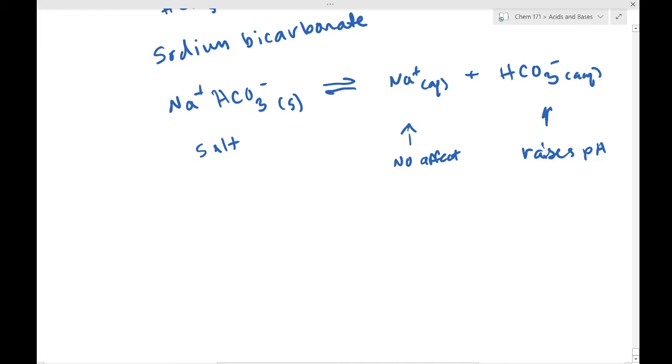So we can have all sorts of different solutions that we can make using salts where the salt solution actually becomes acidic or basic. We have a general rule of thumb.